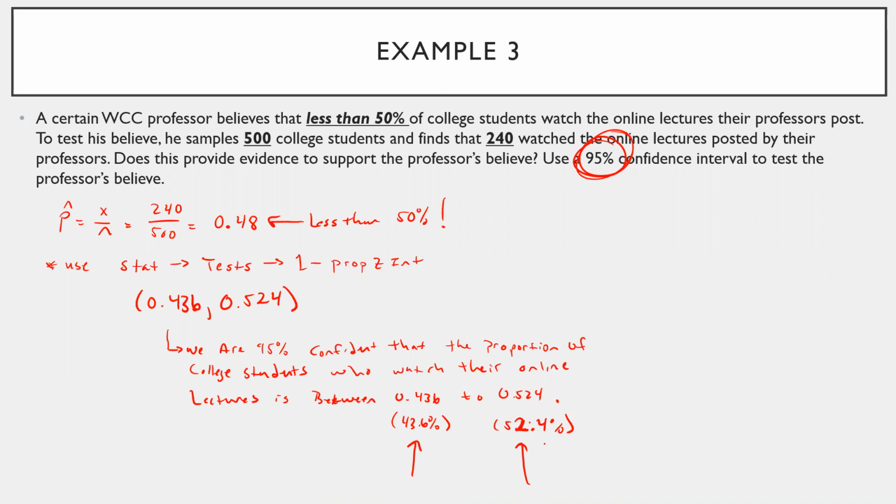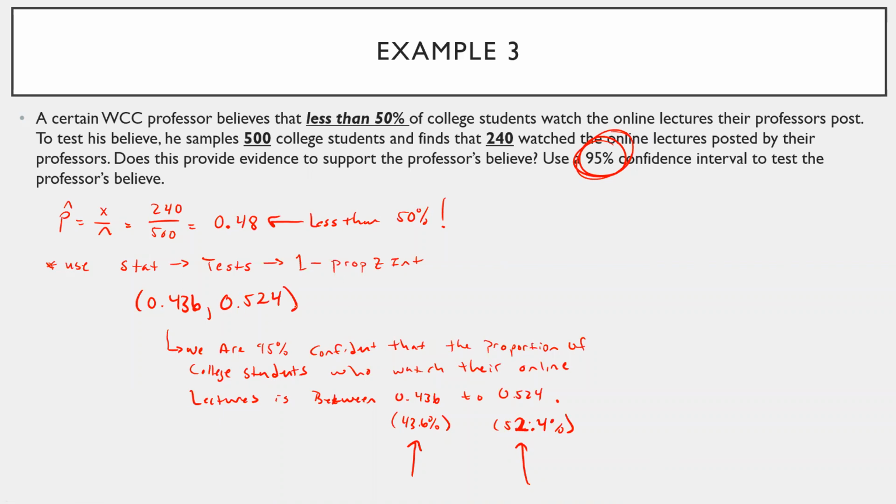So do you notice how the professor says he believes that less than 50% are watching the lectures? Could the real value, based on the confidence interval, actually be above 50%? Like, what do you think? Yeah, totally.